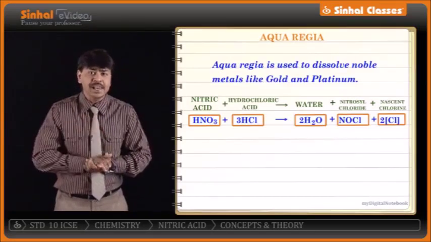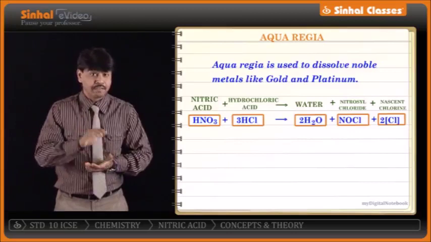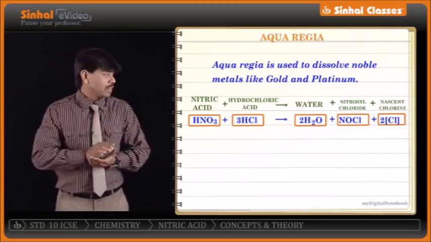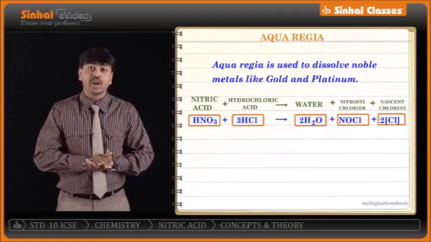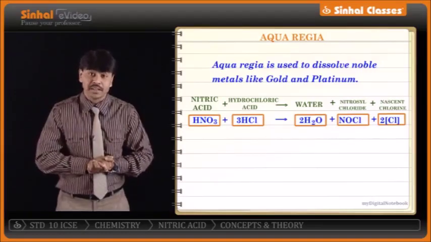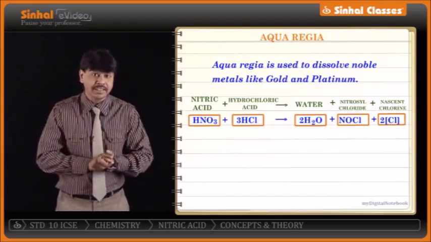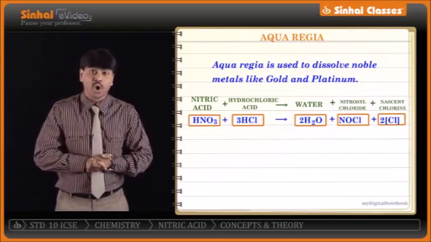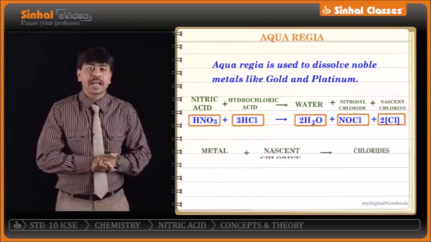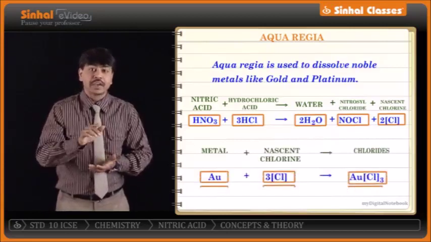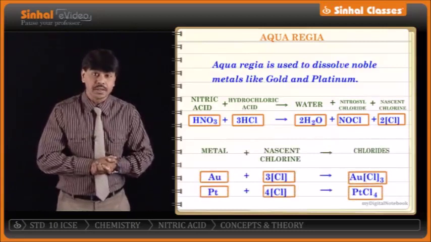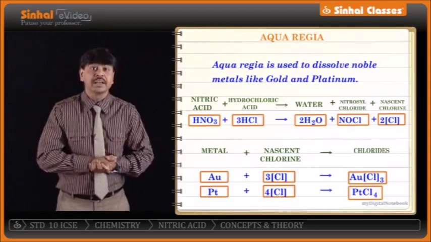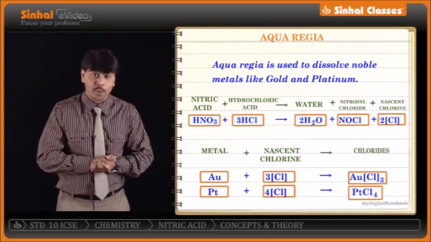That is, 3 HCl plus HNO3 will give you nitrosyl chloride, NOCl, along with water and nascent chlorine. Nascent has to be written in a bracket, so you write [Cl]. This will react with gold, Au, combining with nascent chlorine to give you AuCl3. In a similar manner, platinum will combine with nascent chlorine, giving you PtCl4.